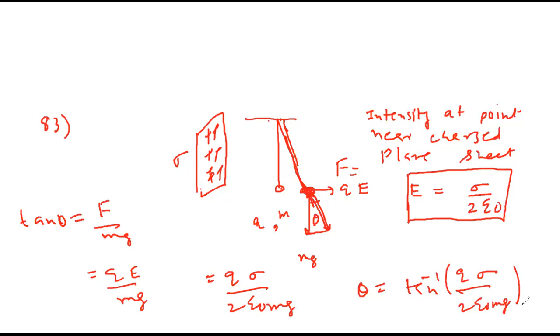Check, do we have this option? Option A, correct? Yes, sir. So only what we have to remember is that intensity will give force, and the intensity formula near a charged plane sheet is sigma upon 2 epsilon naught. Please copy properly, very important sum.